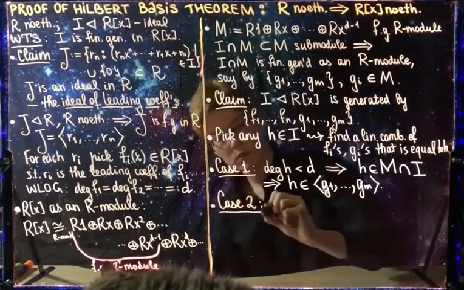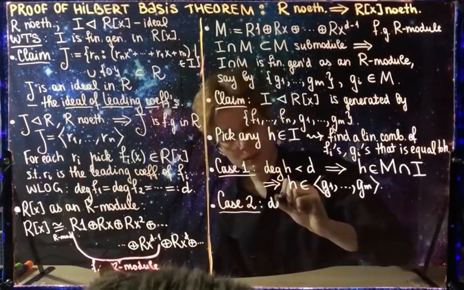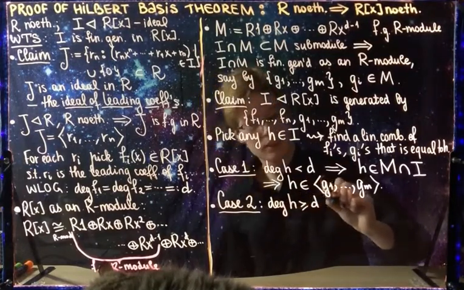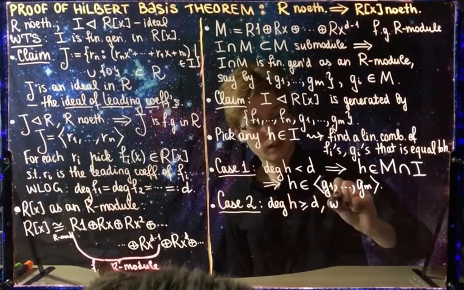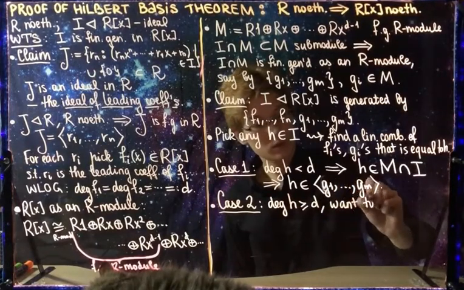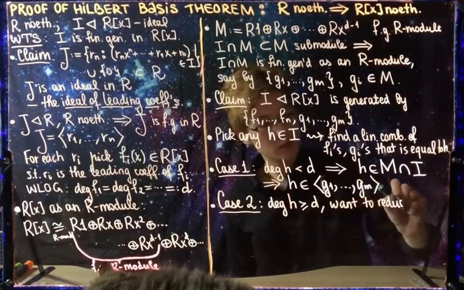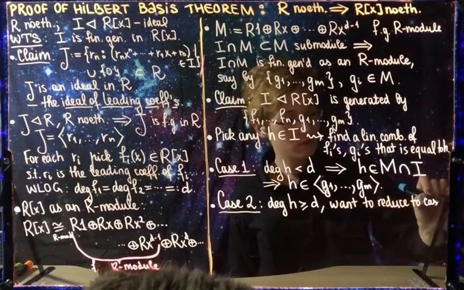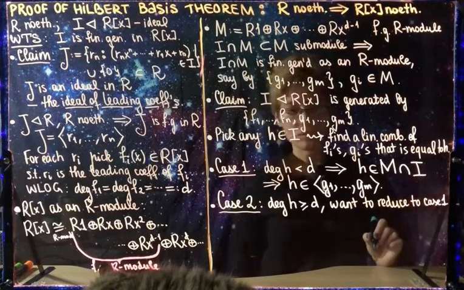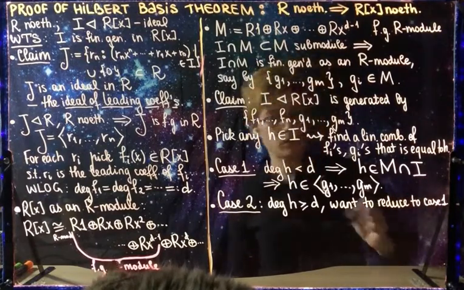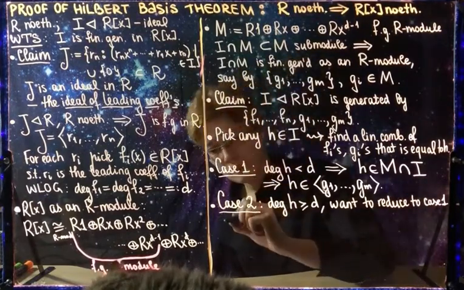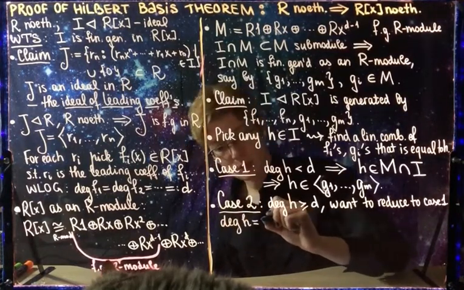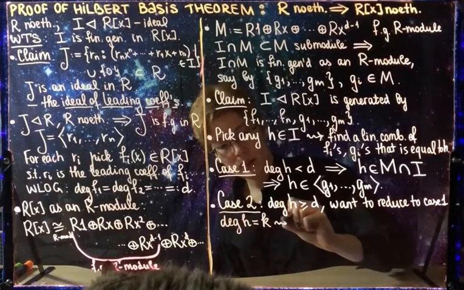Case 2 is when the degree of h is at least d. Then we want to reduce it to case 1. So how do I do it? Let's say that the degree of h is equal to k.